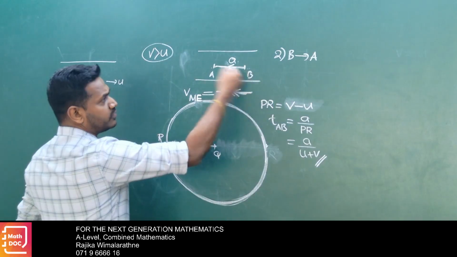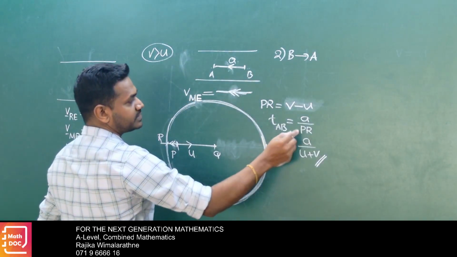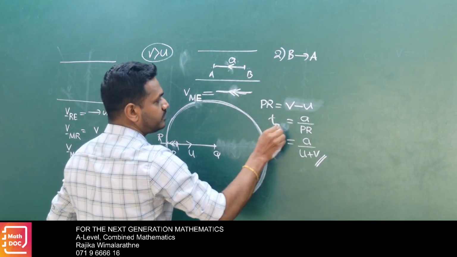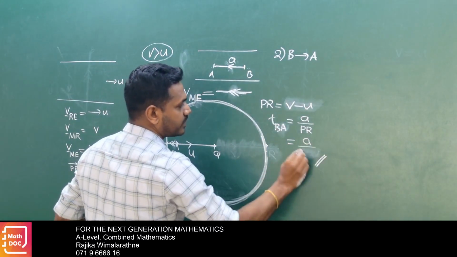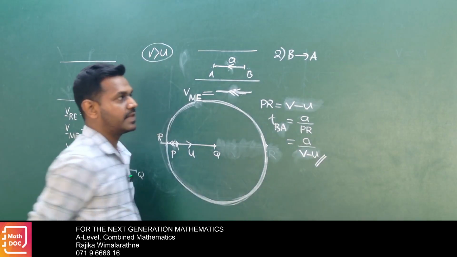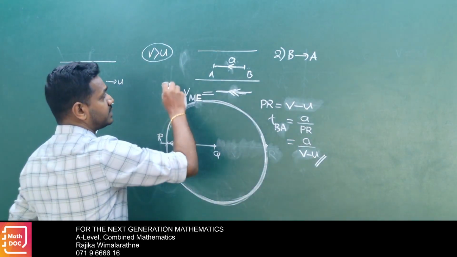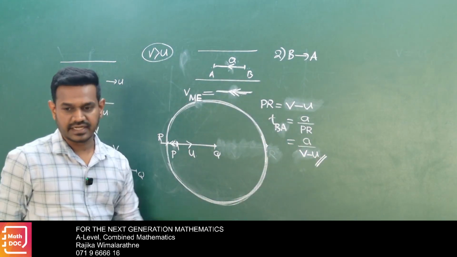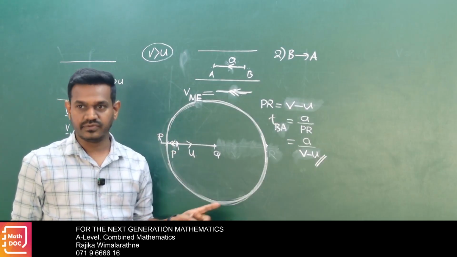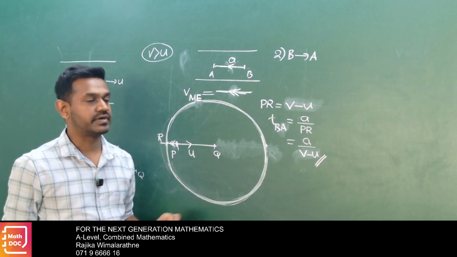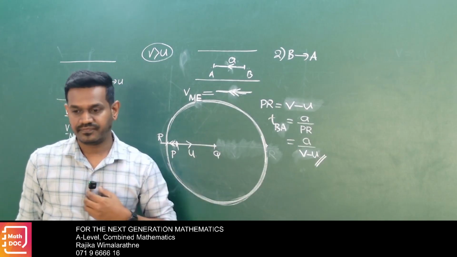Therefore, now he moves displacement A, B to A time, A divided by PR, that is V minus U. Okay, put that on as well. And here B to A motion. Second case, you better sketch another circle and do all at once. Okay, better do all because this part is very important. Okay, complete now.